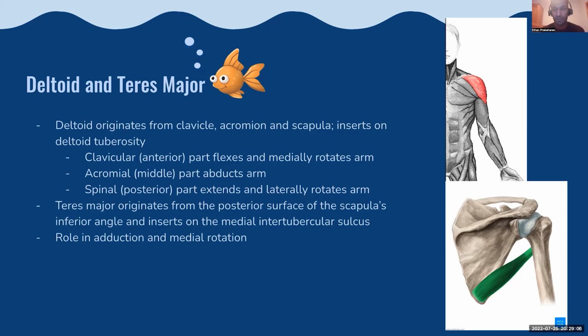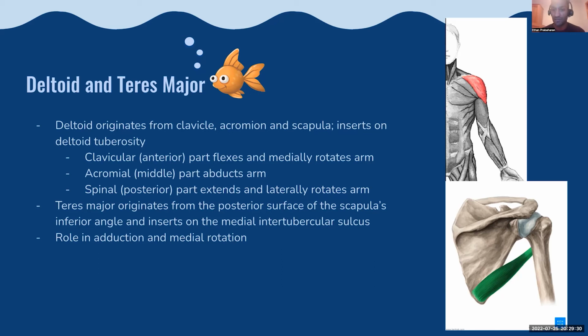Teres major originates from the posterior surface of the scapula. We can see we're on the posterior surface because we can see the spine of the scapula really well, and the acromion as well. Teres major originates from the posterior surface of the scapula's inferior angle and inserts on the medial intertubercular sulcus.